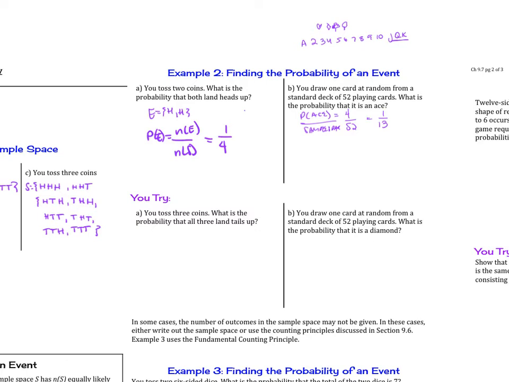Looking on the left, all 3 landing tails up is 1 out of 8 possibilities. It's only a 1 out of 8 chance. Letter B, how many diamonds are there? There are 13 diamonds, ace through king, out of 52 cards. So it's a 1 out of 4 chance that you could draw a diamond.